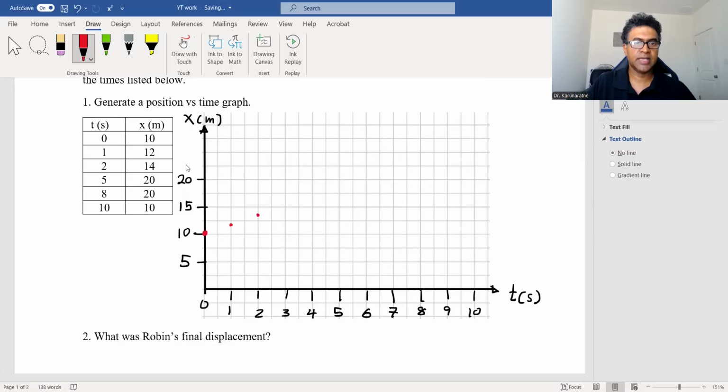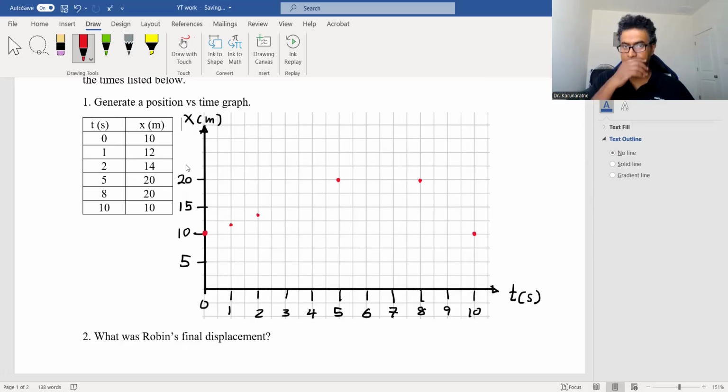And then at 3 seconds, there's no position. Then at 5 seconds, it's at 20. And at 8 seconds, again, it's at 20. And lastly, at 10 seconds, the position is 10 meters.